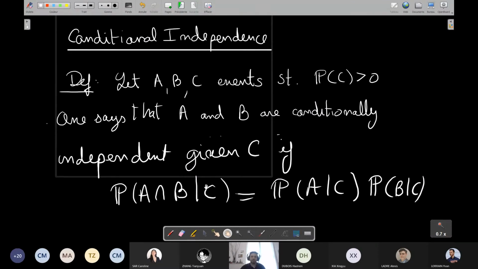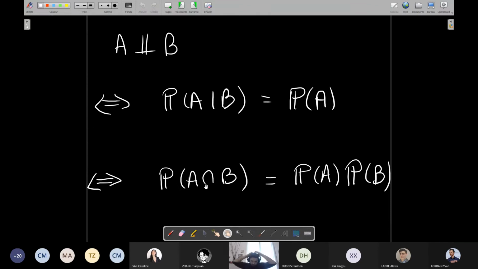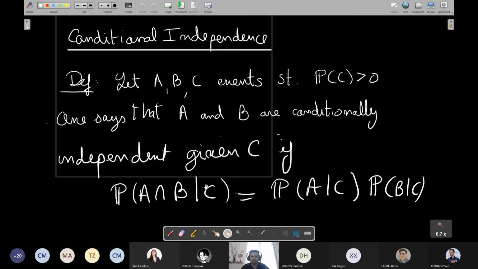Two events are independent if the probability of the intersection is the product of probabilities. But here we are given additional information, which is given C, and you have the same formula. You just have to add given C.